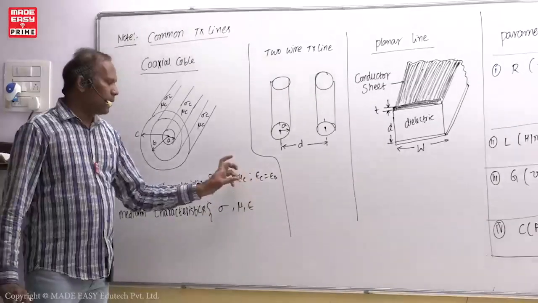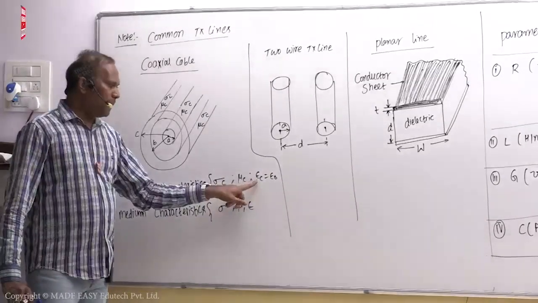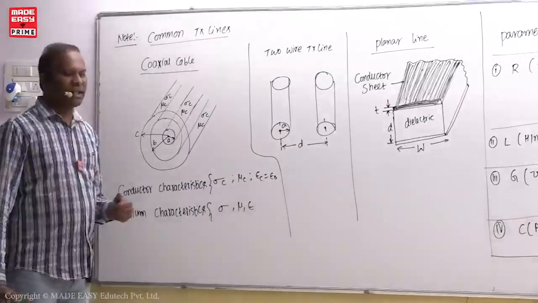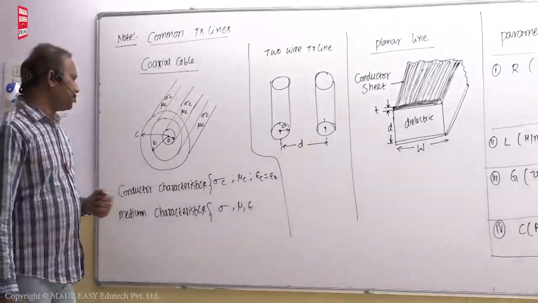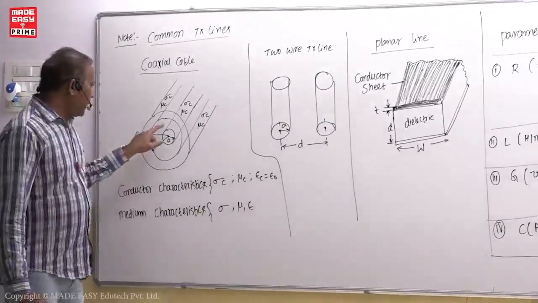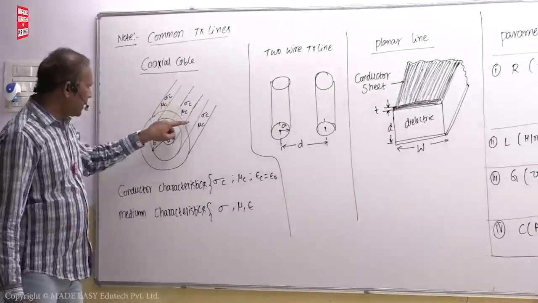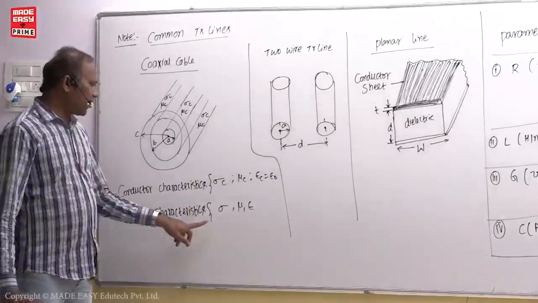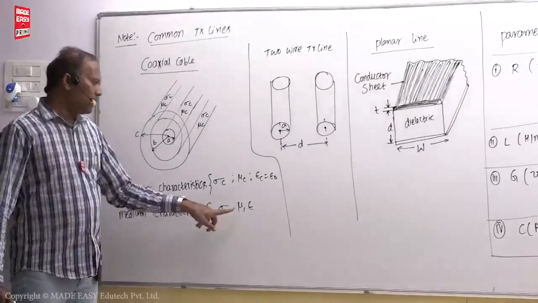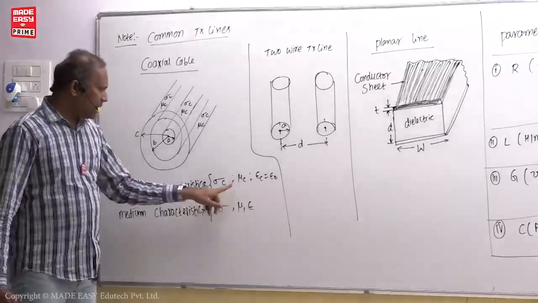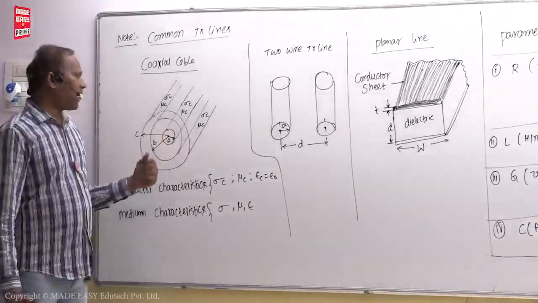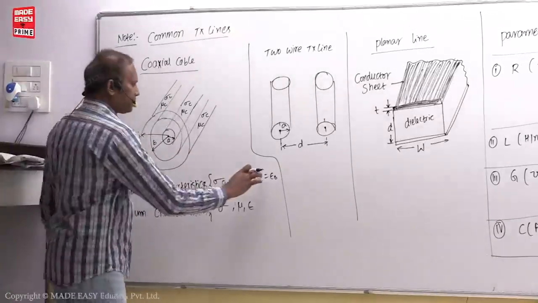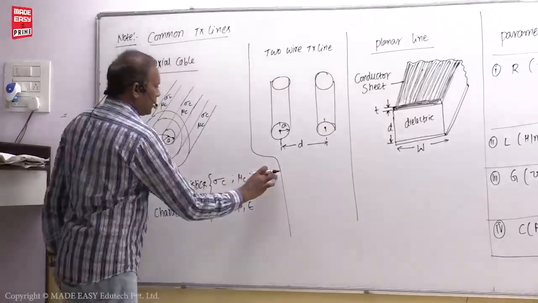Generally for a conductor the permittivity is epsilon naught only, because the relative epsilon is 1 for the conductor.